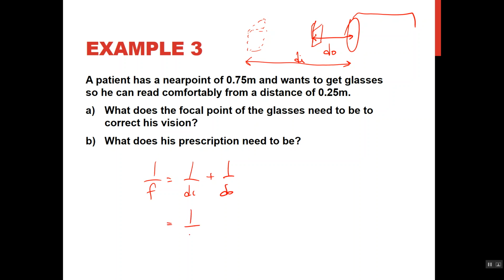So it should be 1 over negative 0.75 plus 1 over 0.25.